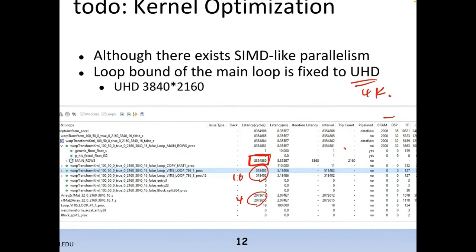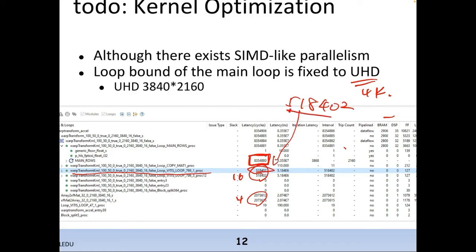We can see that for this for loop, the latency is this number, and actually it is this number divided by 16, where 16 is the parallelism we set.